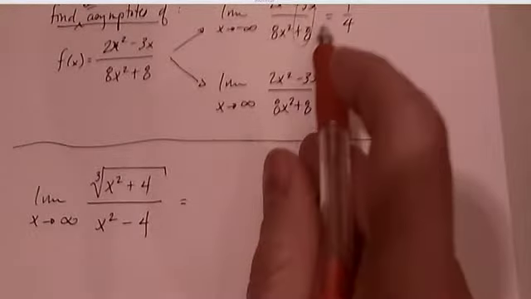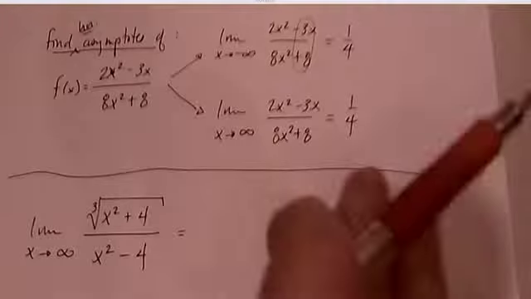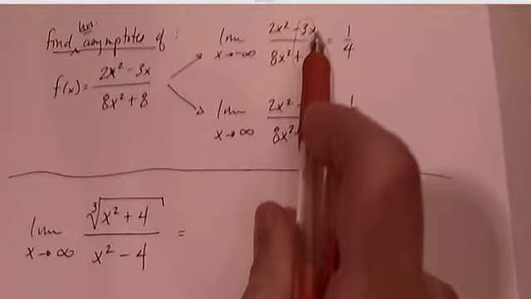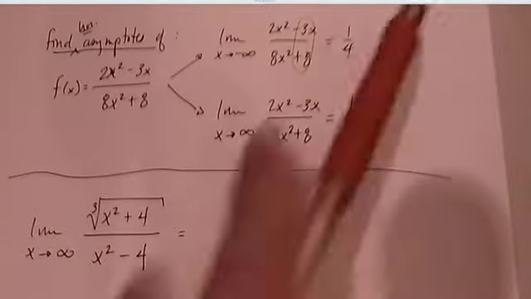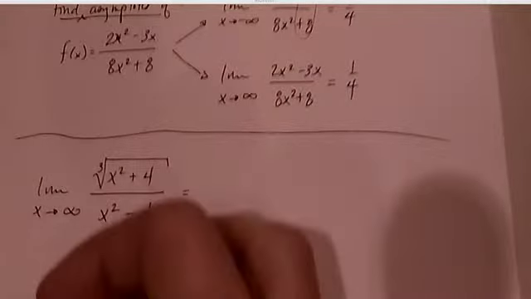Well, here's the thing. When I start dealing with insanely large values of infinity, as I hinted at or foreshadowed in this past example, when I told you that as x goes to negative infinity, the negative 3x and the positive 8 start to become negligible numerically, right? I have the same thing going on here.